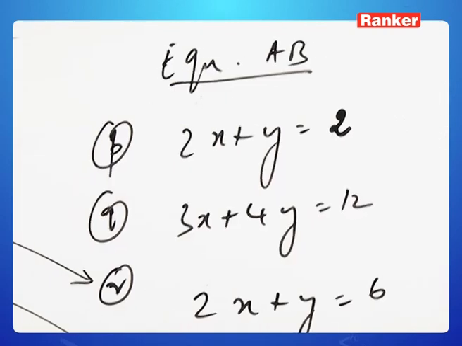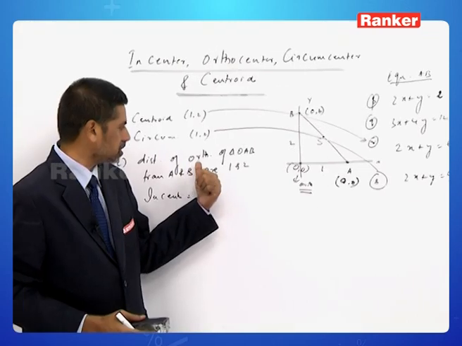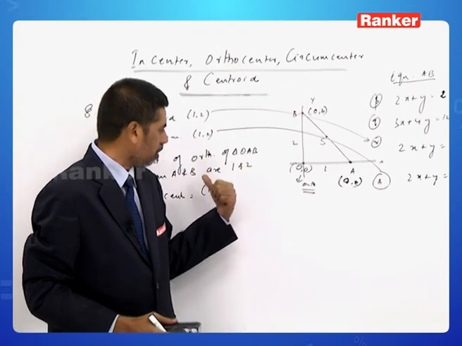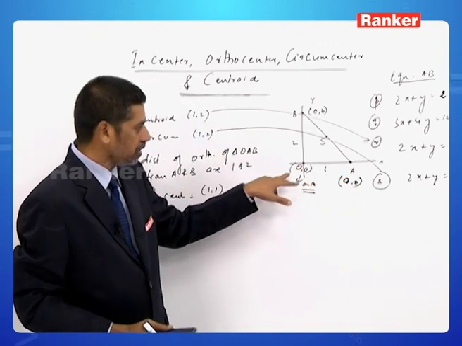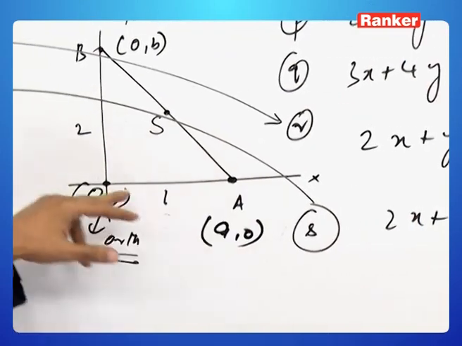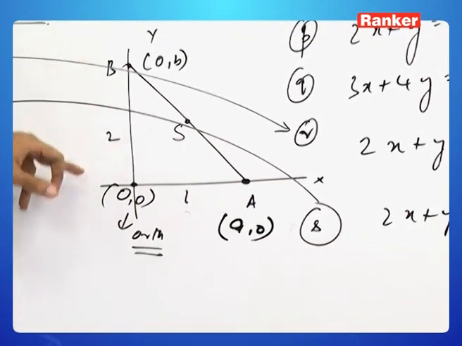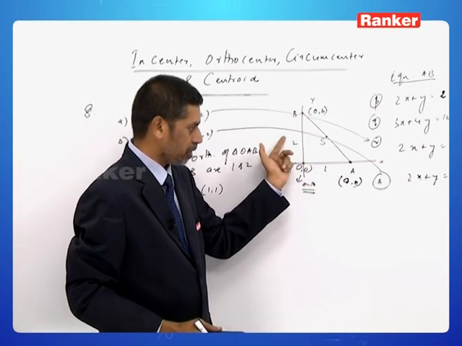We can take anything now. Right? Now if you look at C, it says distance of orthocenter from A and B are 1 and 2 respectively. Now you know orthocenter for this triangle is at the origin. So this is located 1 unit away from A and this is located 2 units away from B. That means the x-intercepts and y-intercepts are 1 and 2 respectively.